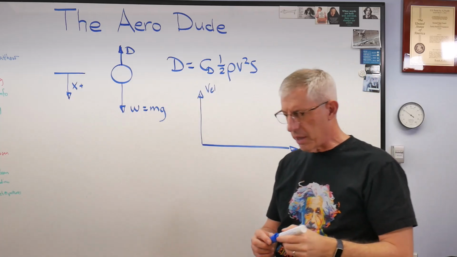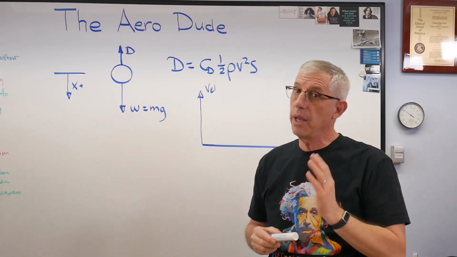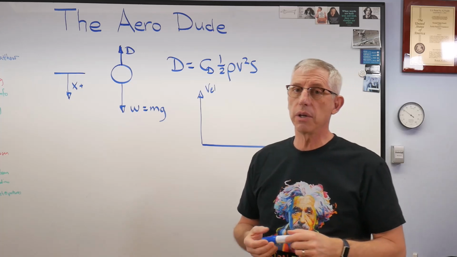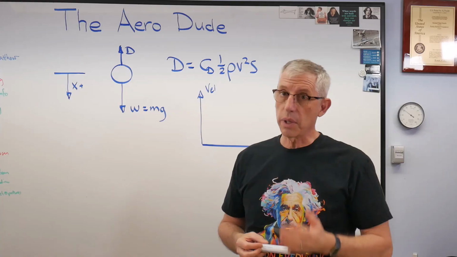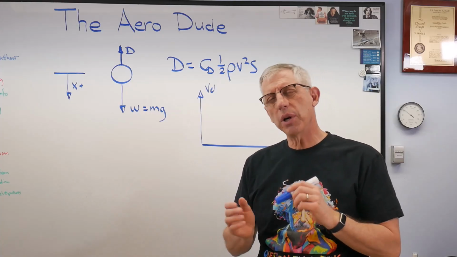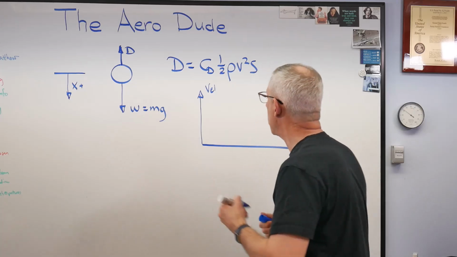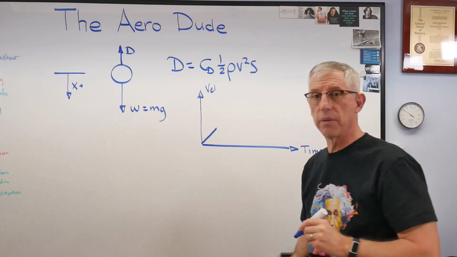Well, what will we expect? When I first drop the ball, just the instant I release it, there is no velocity. Velocity is 0, so there's no aerodynamic drag. At that point, acceleration really is 9.81 meters per second squared. And it'll stay pretty close to that until speed starts to build up. So we really do expect a pretty constant rate of acceleration.